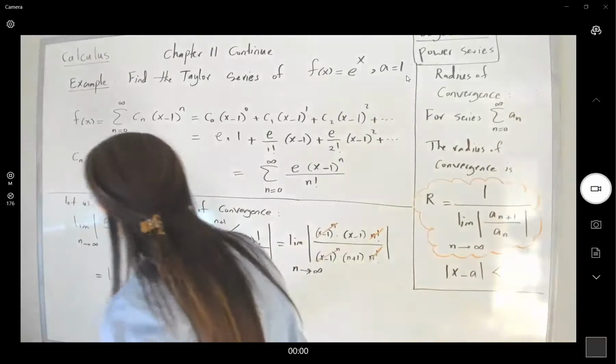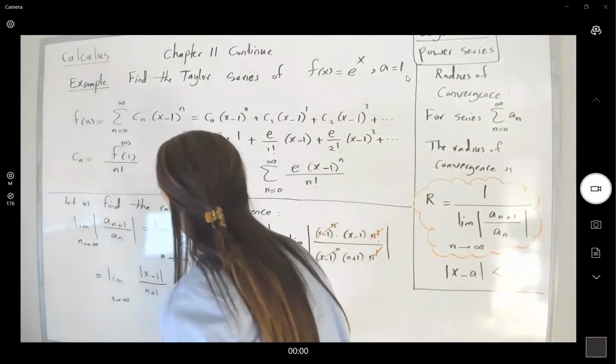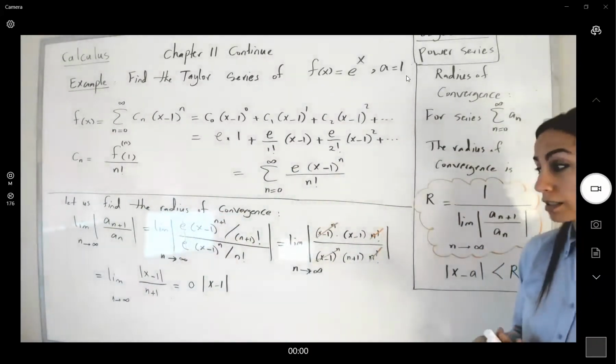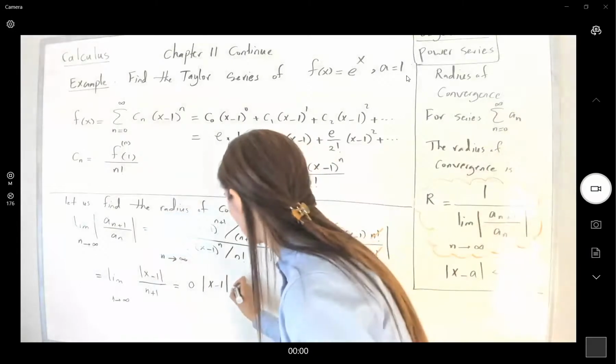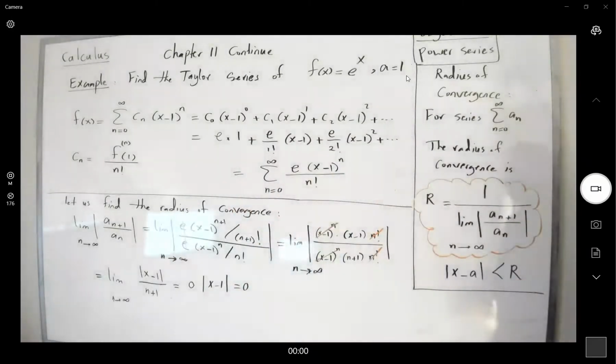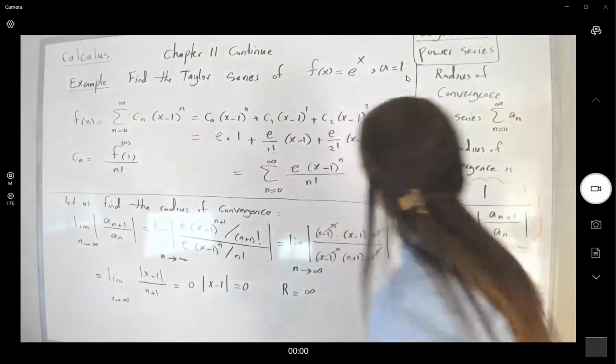So this is 0 times the absolute value of x minus 1, which is always 0. Okay, what's the meaning of that? It means that r, which is 1 divided by this number that we found as 0, is going to be infinity. So r is going to be infinity.